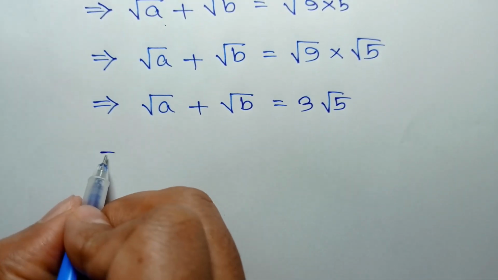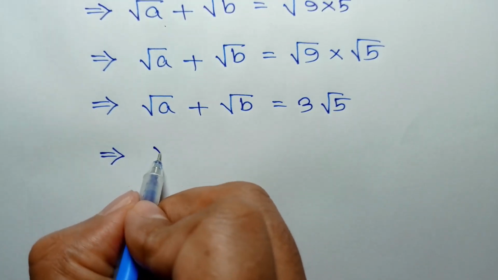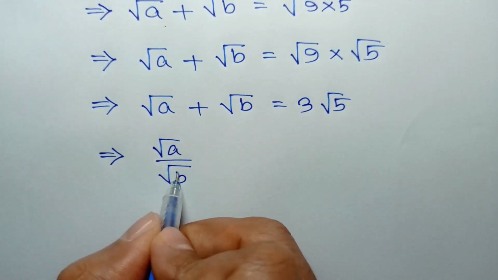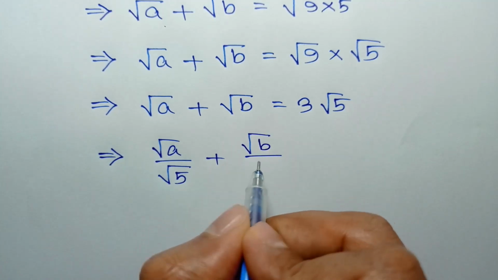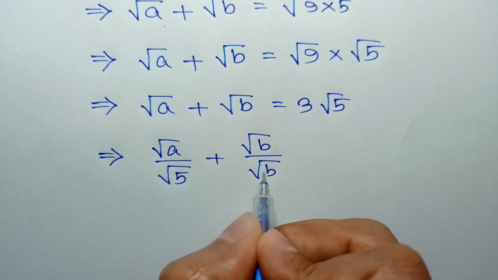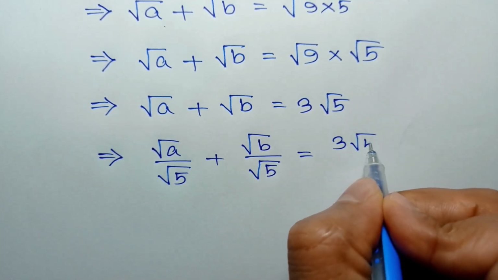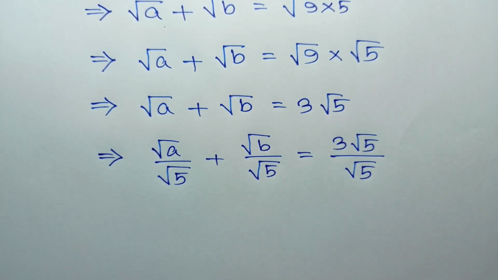Now dividing both sides by square root of 5, we can write square root of a over square root of 5 plus square root of b over square root of 5 is equal to 3 square root of 5 over square root of 5.